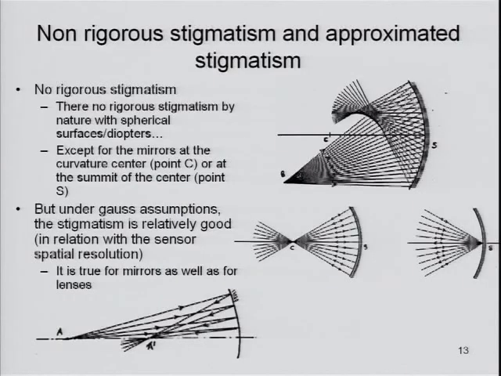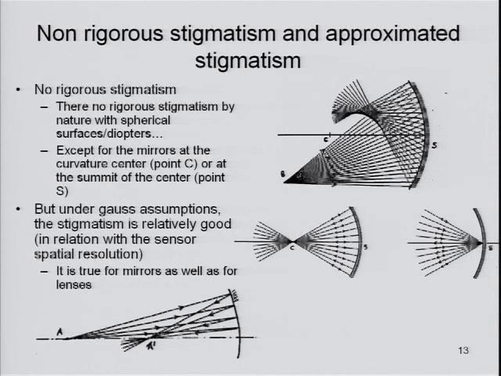If I take a point B and trace a couple of rays emerging from this point B, the intersection of all my rays generates a line in 2D, so a surface in 3D, but it's not a point. So it is not stigmatic. Actually, there are 2 points where it works for mirrors: the center of curvature C of the mirror, or the summit of the mirror, but it's not very convenient if we're restricted to using only these 2 points.